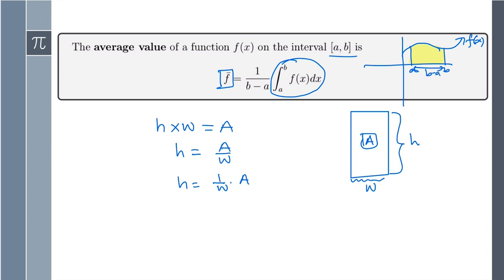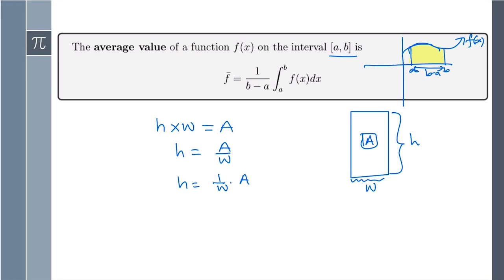So if we divide the area by the width, b minus a, it should give us the height. But here it is not a uniform height, so it is an average height given by the expression on the right hand side of that equation. That's the idea of finding the average height of the function.